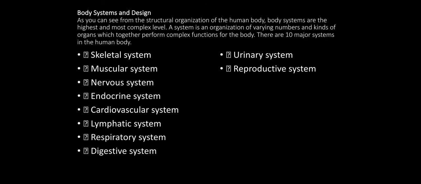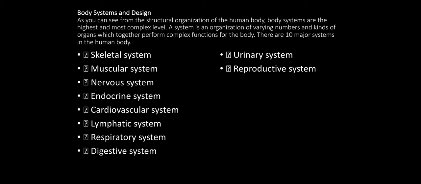So body systems and design. As you can see from the structural organization of the human body, body systems are the highest and the most complex level. A system is an organization of varying numbers and kinds of organs which together perform complex functions for the body. So there are 10 major systems in the human body, which us as anatomy students must know.